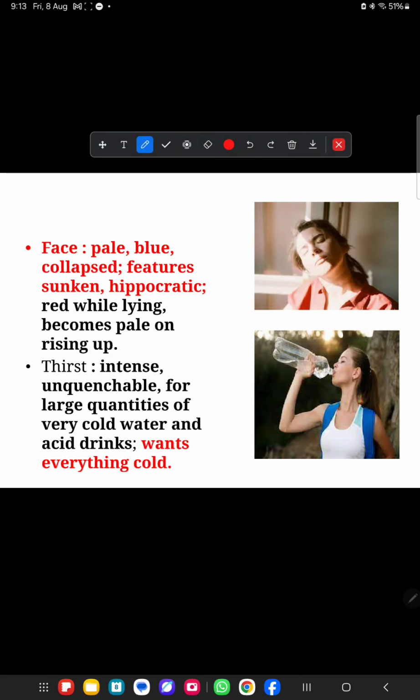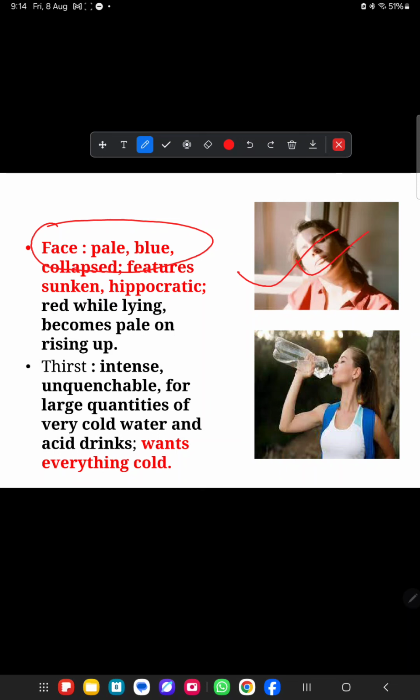Another symptom: pale face, blue, collapsed, features sunken, Hippocratic, red while lying and becomes pale on rising up. Why is this patient having a pale and blue face? Because I have already told, if the patient is having so much discharge, hemorrhage, that will lead to hypovolemic shock, that will lead to low blood volume in the body, and because of that you will find paleness over the face.